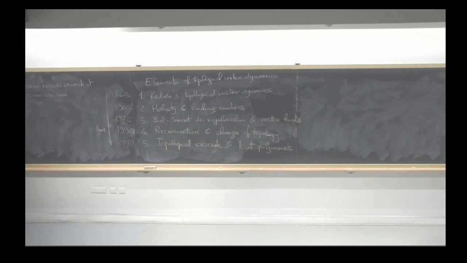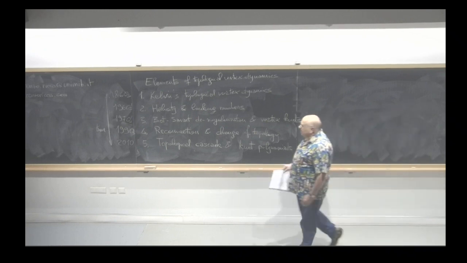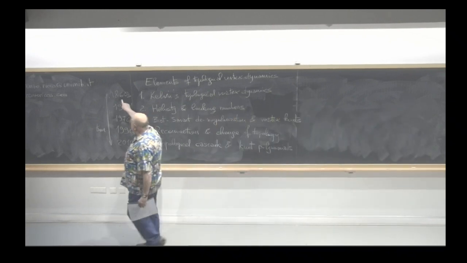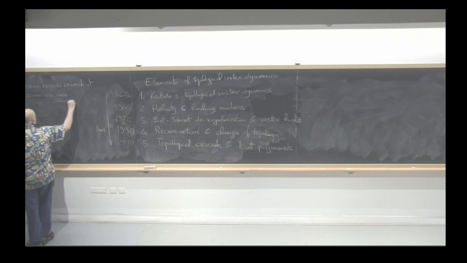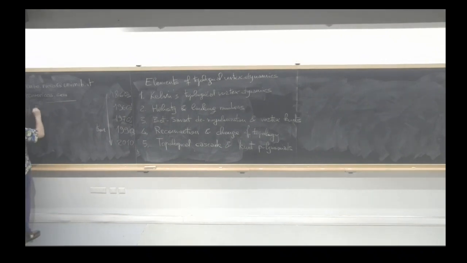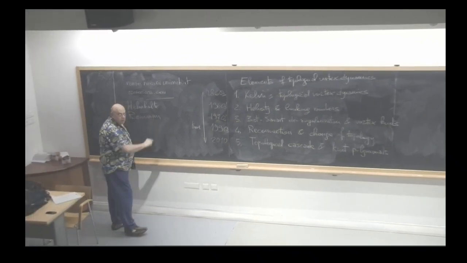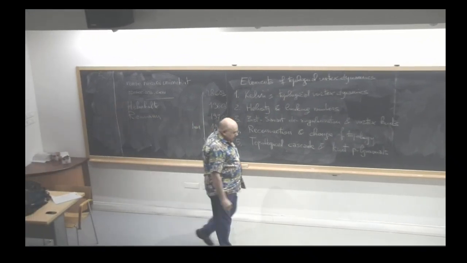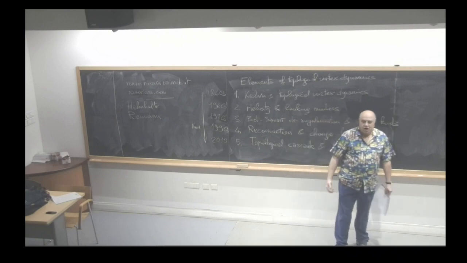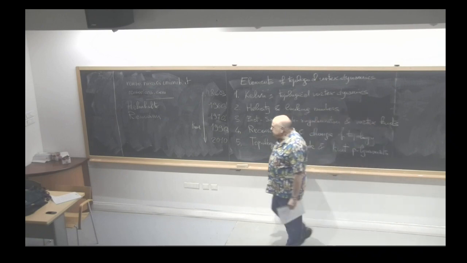Kelvin relied on work of his contemporaries, and these two German guys. One, of course, you can guess it, Helmholtz. And the other one, Riemann. Apart from Euler, Riemann can be considered the originator of topology.